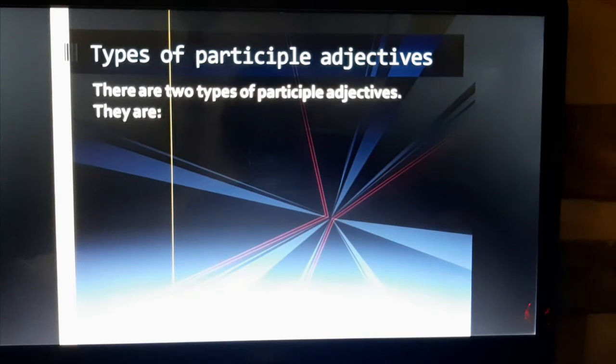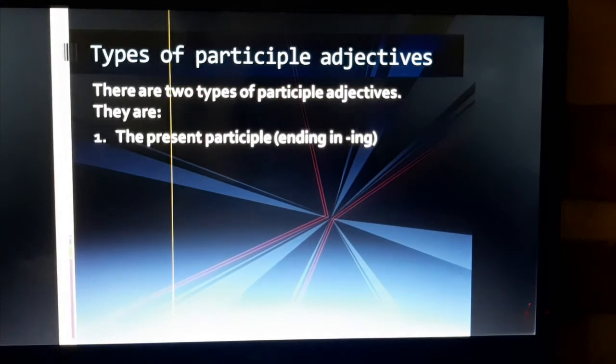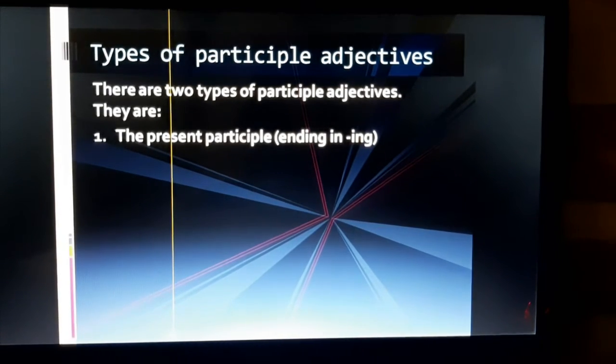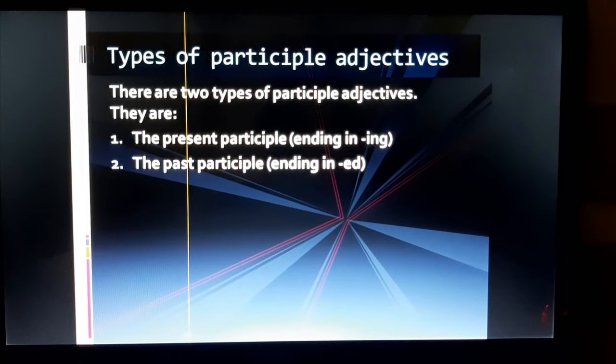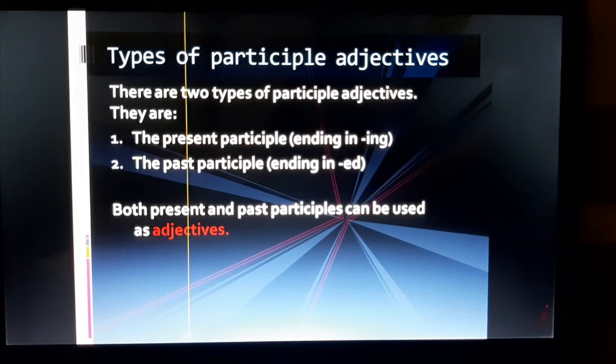Number one, the present participle, which ends with ing. Second, the past participle, which ends with ed. Clear? Okay. So both present and past participle can be used as adjectives.